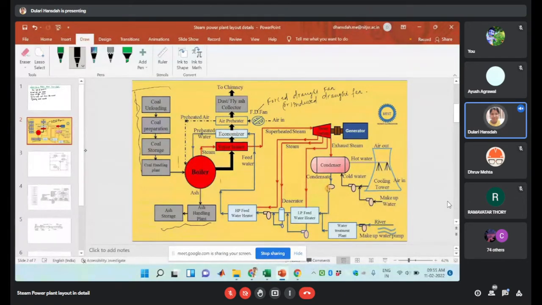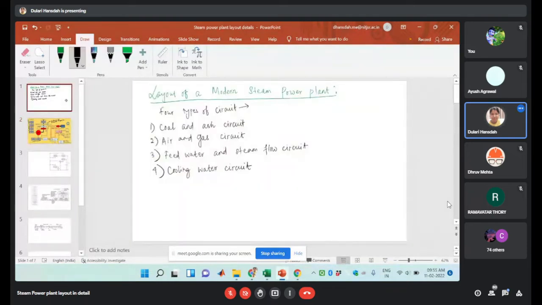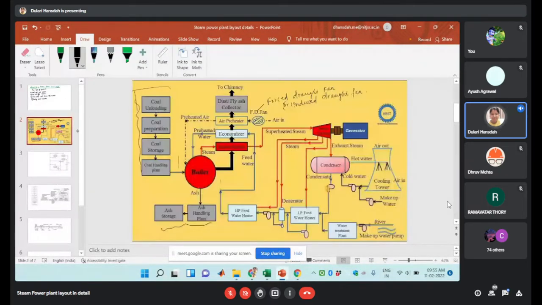Now we are going to discuss the gas circuit. Here it is the gas circuit. The gas will go to the superheater, where the saturated steam will become superheated by exchanging heat from the waste heat, that is the flue gases. Then that flue gas will go to the economizer, where the feed water will be heated.